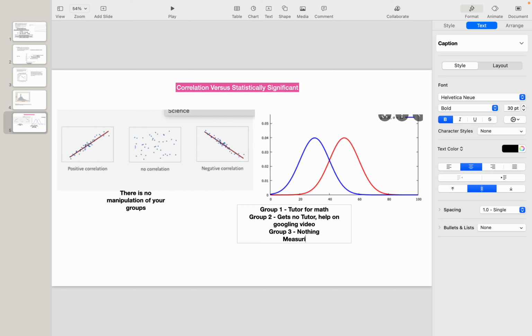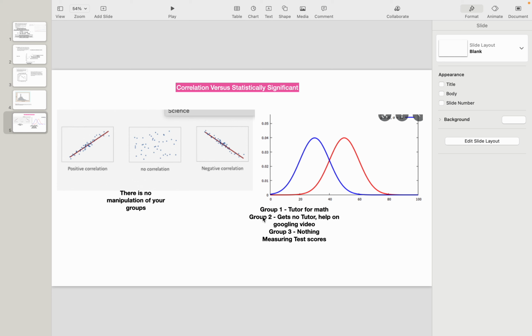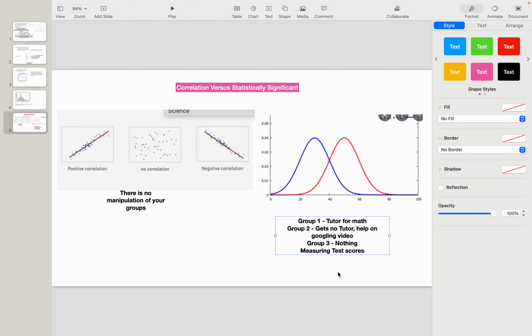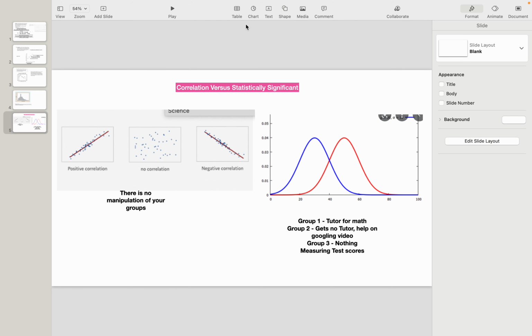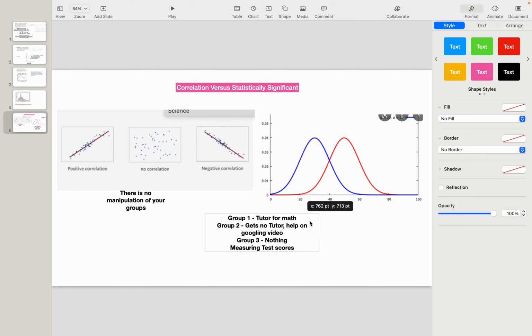I'm measuring test scores, and not everybody is going to have the same test score. There are going to be different test scores. Let me see, can I draw another shape on here? It won't let me draw, so we're going to have to imagine another curve here, and this curve is for group one.